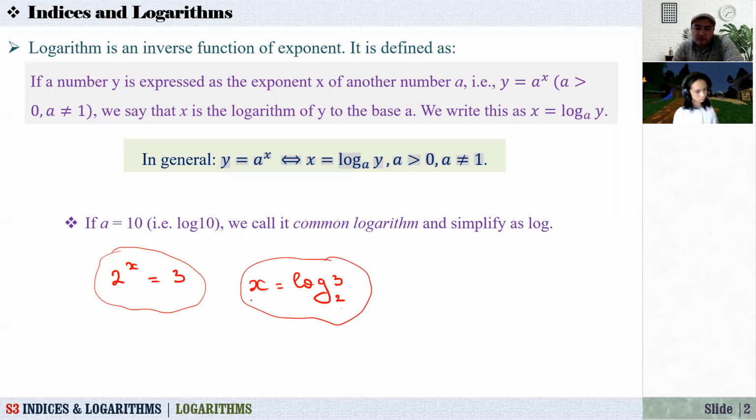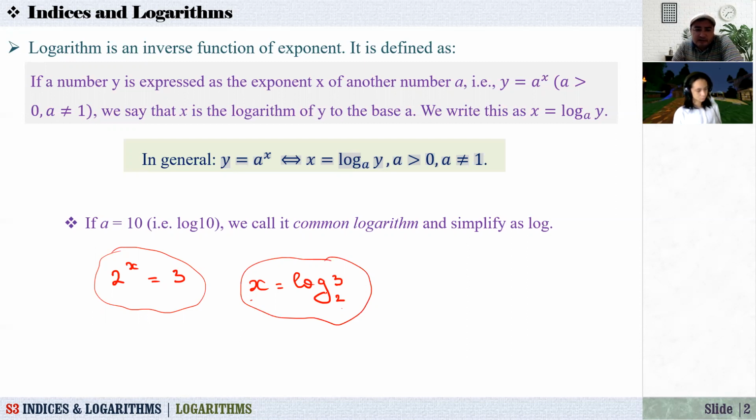If a is negative, then negative to the power of x behaves very weirdly, and in practical applications we don't have this kind of phenomenon. So a must be positive. Also a should be different from 1, because 1 to the power of anything is equal to 1. There's nothing to learn here. That's why we need to add these conditions when defining this.